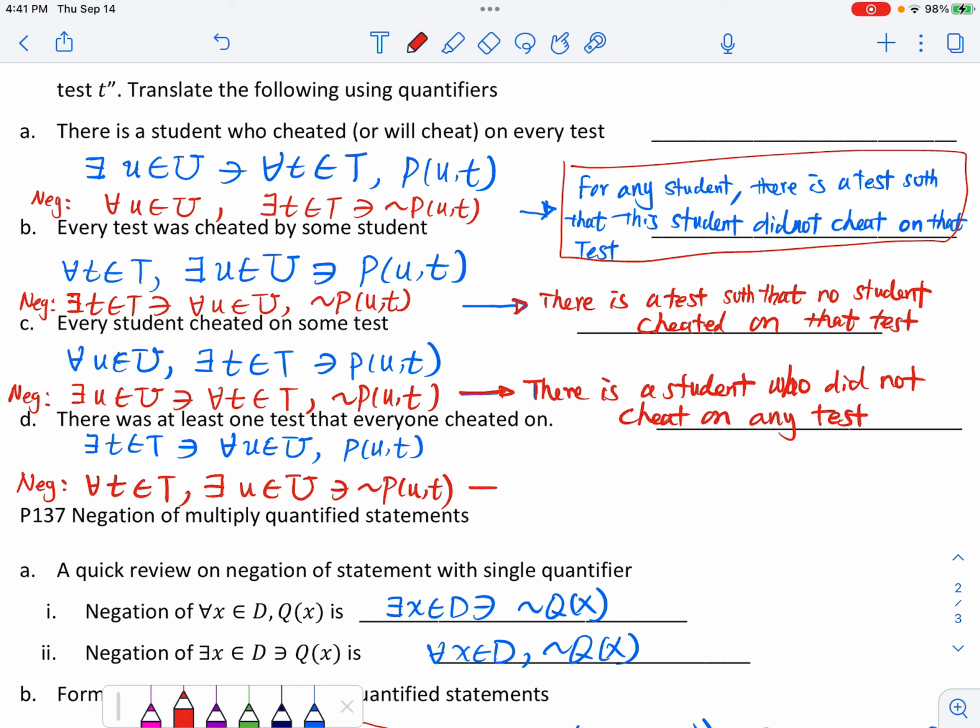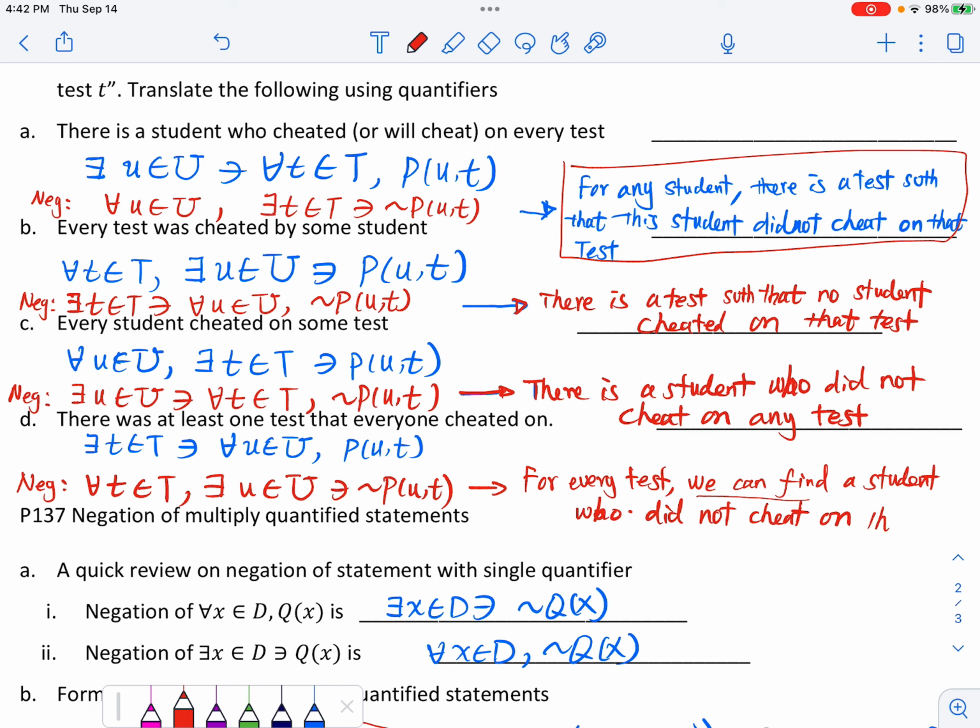So in other words, for every single test, we can always find, or you can just say there exists, a student who did not cheat on that particular test.